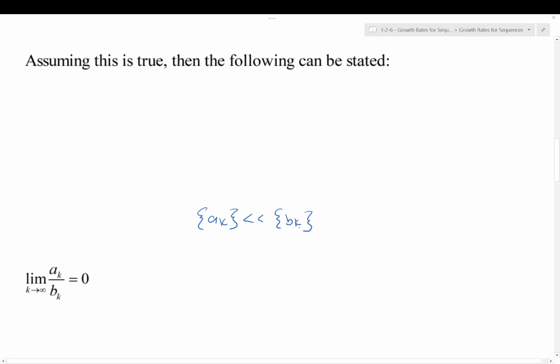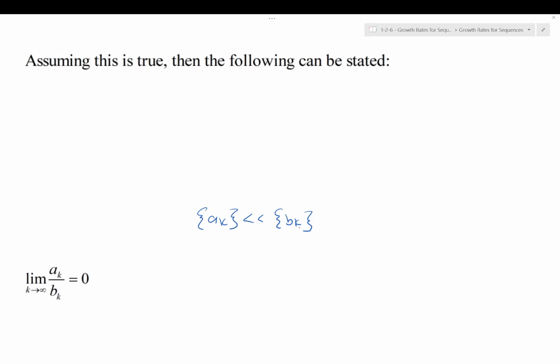So as k gets very, very large, B sub k is going to dominate. It grows so fast compared to A sub k that the terms in A sub k can't keep up. B sub k becomes gigantic, and A sub k eventually just dwindles away. And so that limit of A sub k over B sub k should be 0.